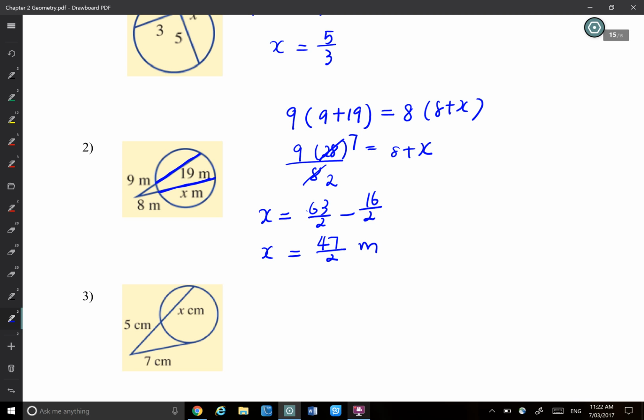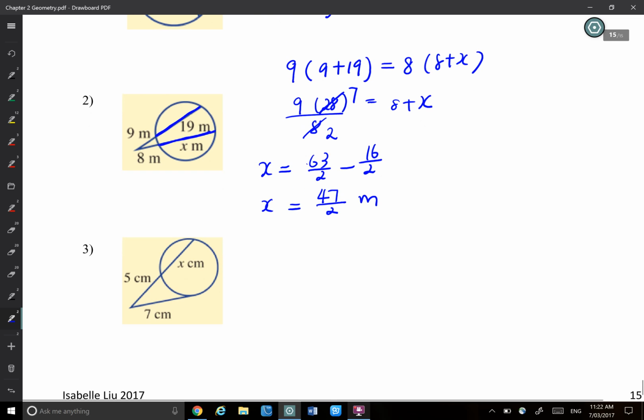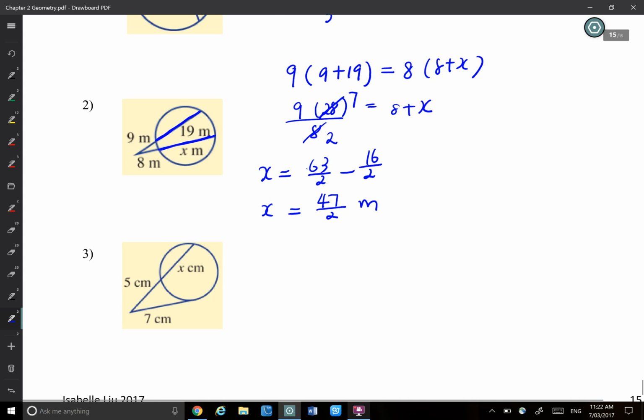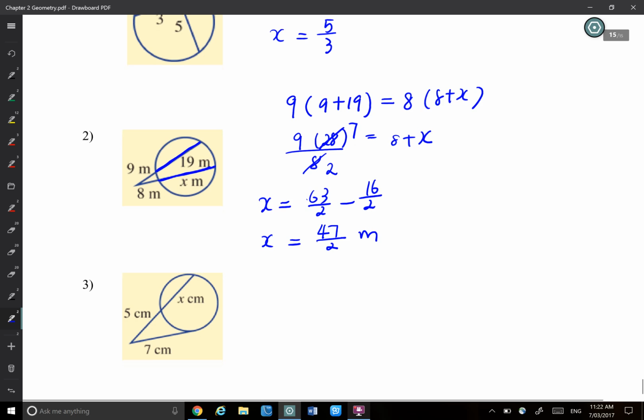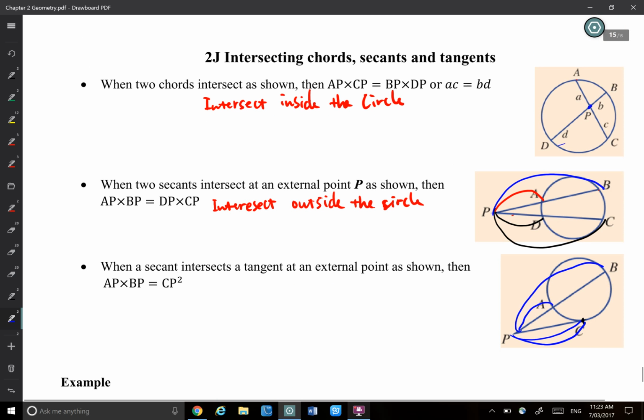It's not hard. The important thing is just remember the rule and you can put the rule into the correct notation. Okay, choose one of the correct rules. So for the next one, which one? It's the outside bit times the entire bit.